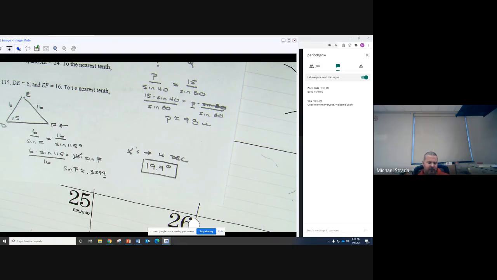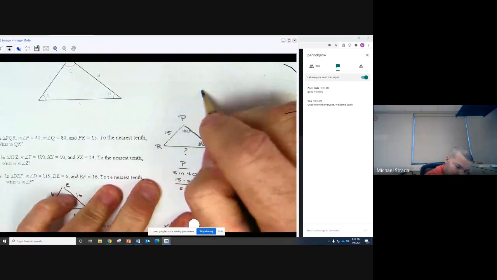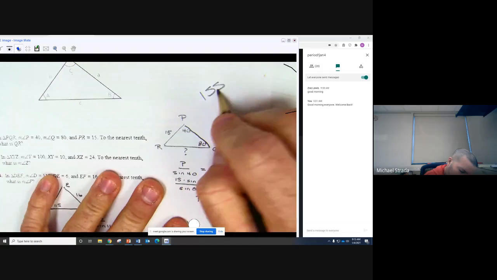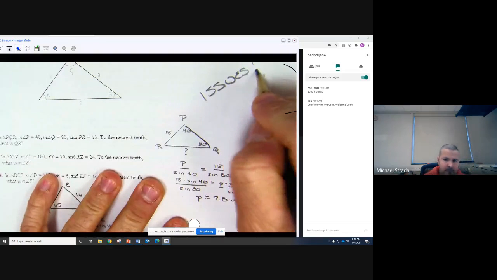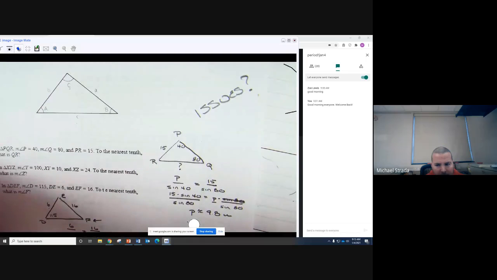Any issues thus far? Going once, going twice.